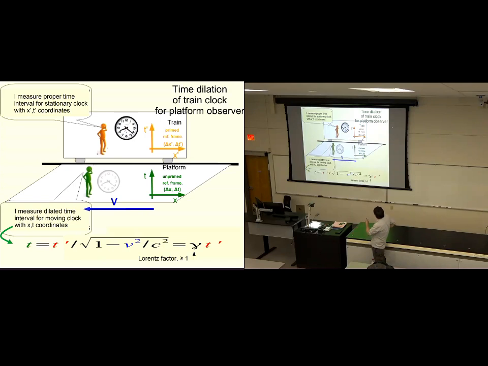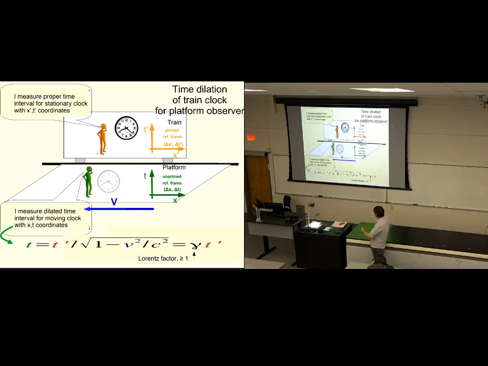So the observer in orange here in the train says this clock ticks at the correct rate, correct interval between ticks, but the observer on the platform looking at this clock says that, with respect to their own clock, this clock is ticking slowly. They're observing time dilation, the stretching of time between successive ticks of the clock.